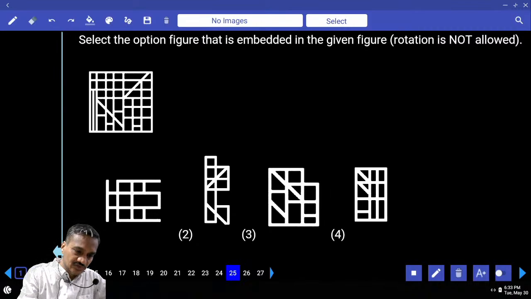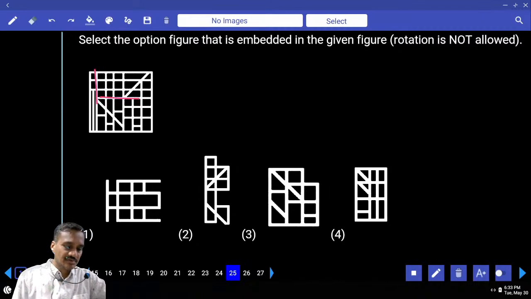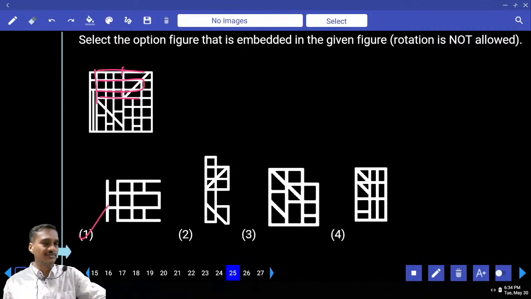This is the line you have. Where does the middle line come? Middle line is here. Now this is the line, and these are the lines. Does it fit or not? Hence what is your answer? Choice 1, question number 25. Clear?